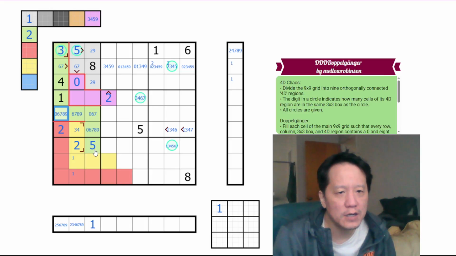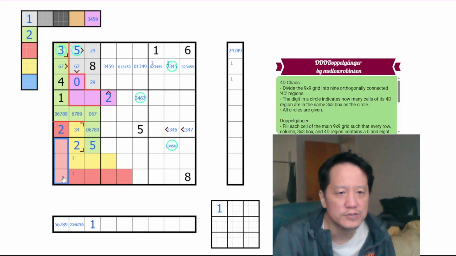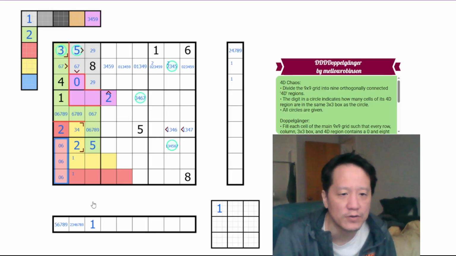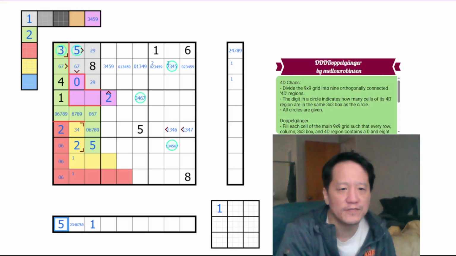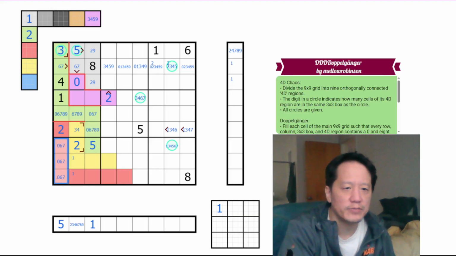Huh. So we would not be missing a 2 here. We'd have to have 0, 6, 7, 8, 9. We'd be missing a 5 here, so we'd be missing a 5 in this column. 0, 6, 7, 8, 9, because it cannot be 5 because of 5 in the box.